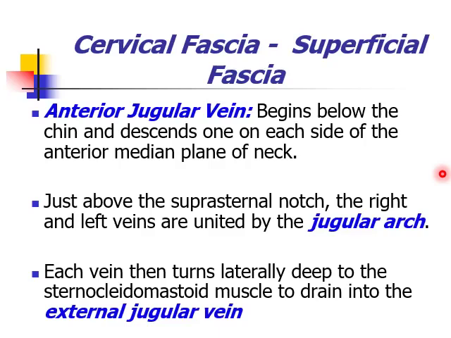These veins just above the suprasternal notch at the lowermost part of the neck, the right and the left ones, unite with each other, forming what we call a jugular arch. Each vein then turns laterally deep to the sternomastoid muscle to drain into the external jugular vein. So an anterior jugular vein would eventually drain into the external jugular vein that we just mentioned at the previous slides.